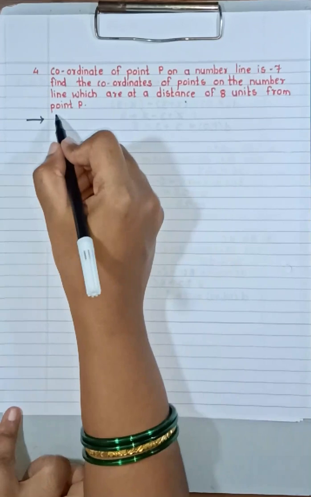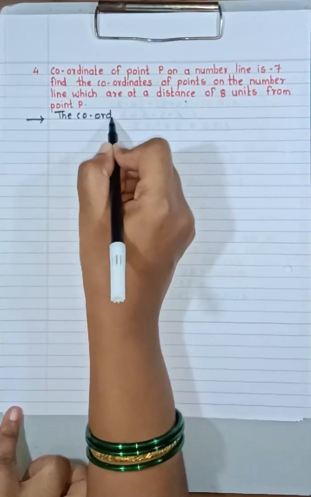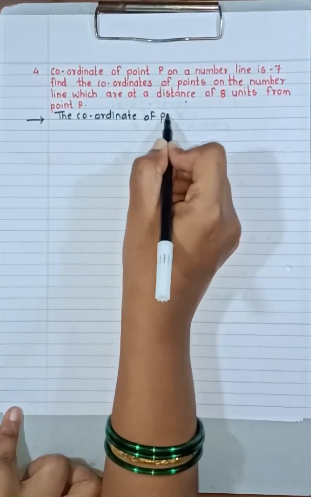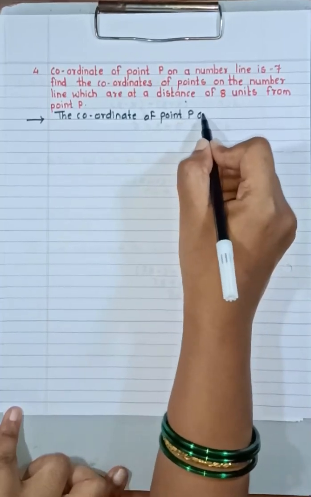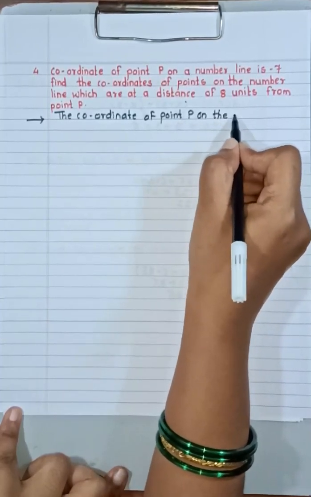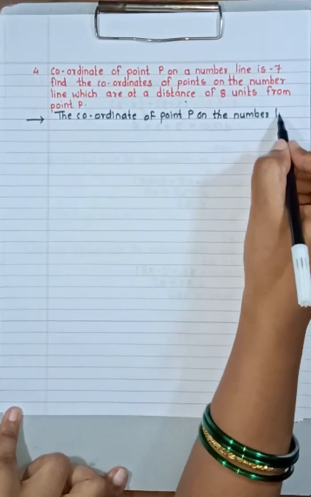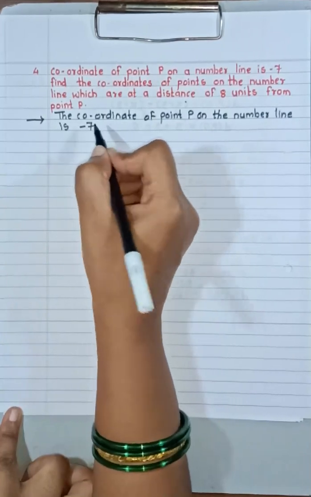So let us write it down. The coordinate of point P on the number line is minus 7.